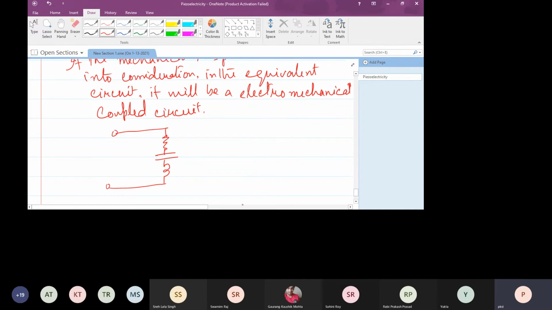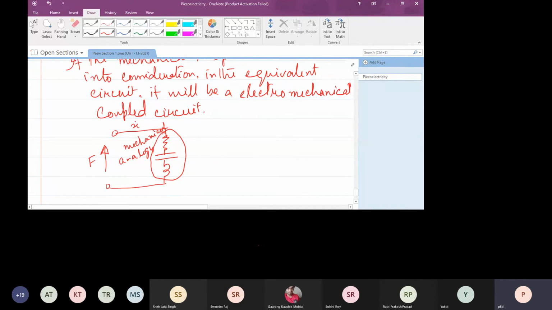So this is the mechanical part, where force is applied, and because it's a second order system, we will have change of x dot.